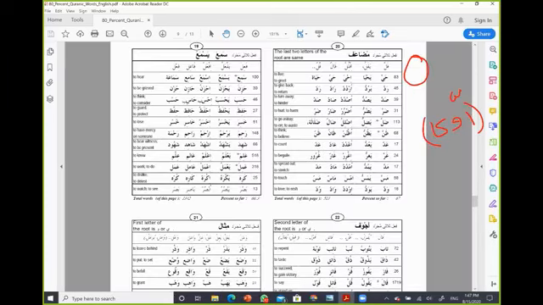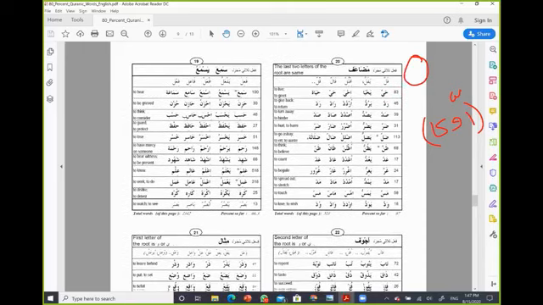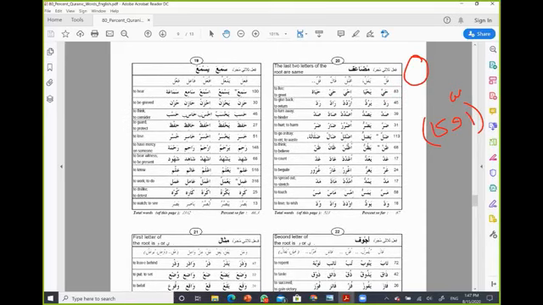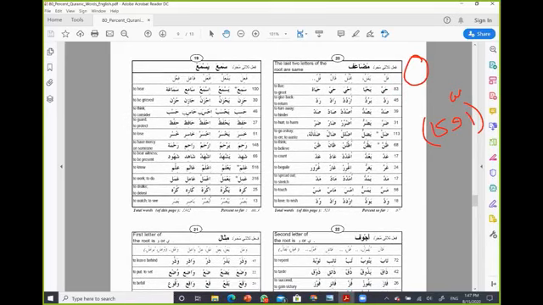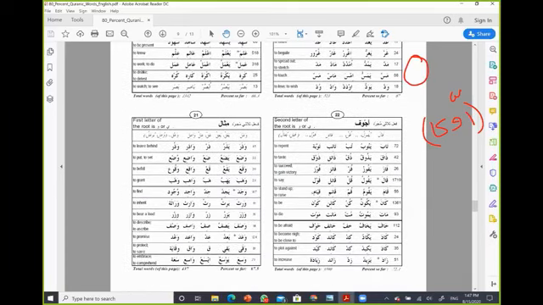So those boxes, 19, would be the end of the regular verbs. Box 20 is mudaf, which basically are the verbs with the root having a shadda. Now mithal would be the verbs that are irregular, and to be more specific, the ones that start with a vowel.